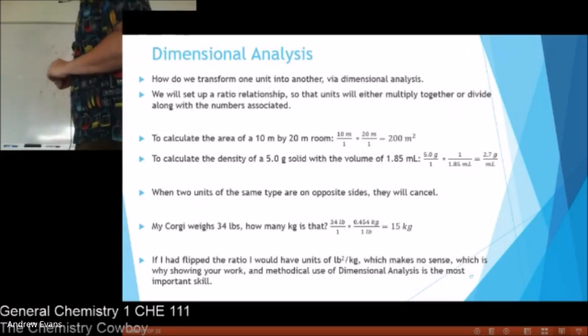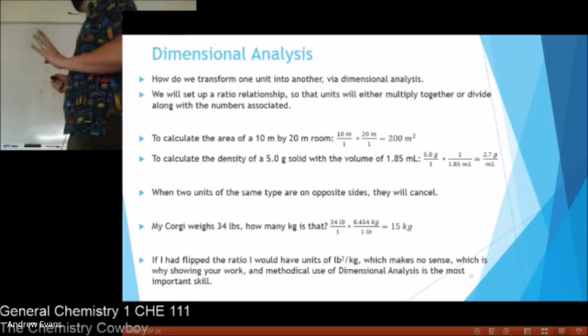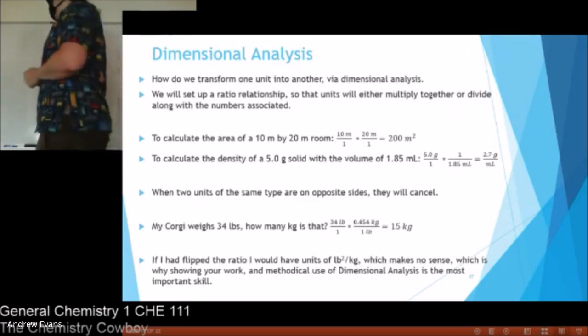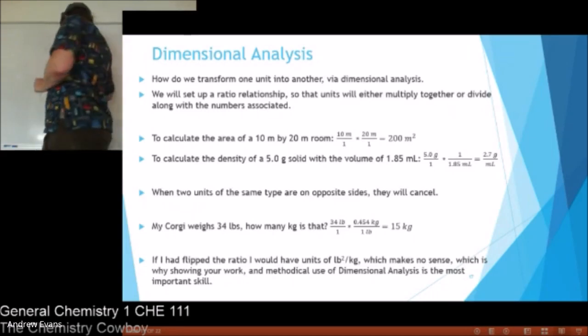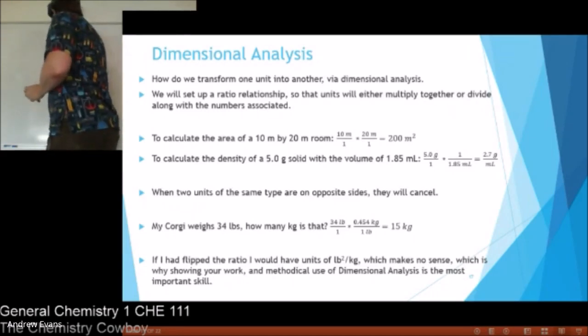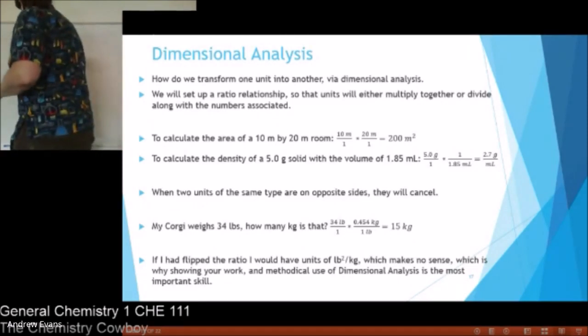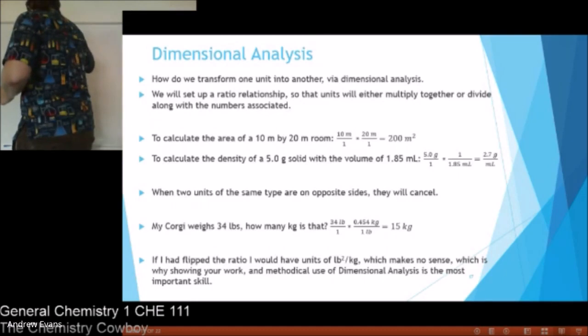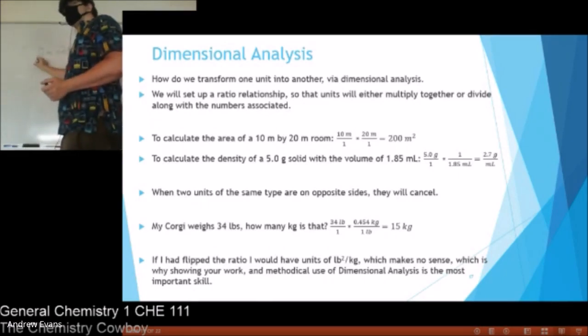You've seen this in math class if you've had any math class at all. Because you say, what is the area of this room? If this room is 10 meters by 20 meters, how would you do that math? Well, you'd say 10 m times 20 m, and say 10 times 20 is 200.